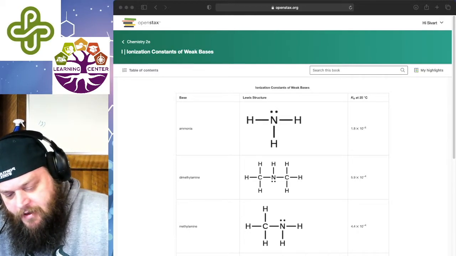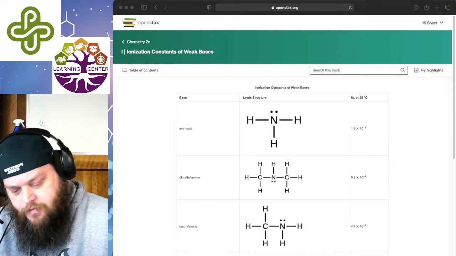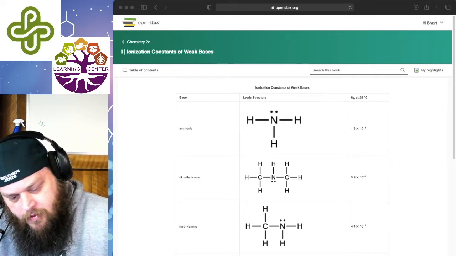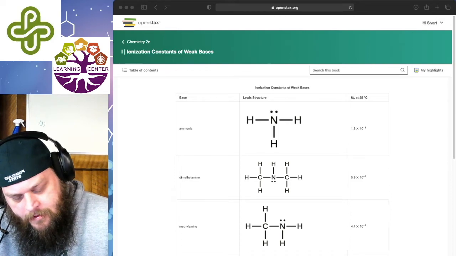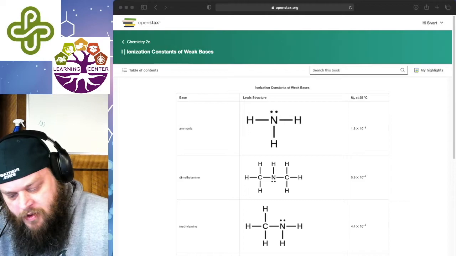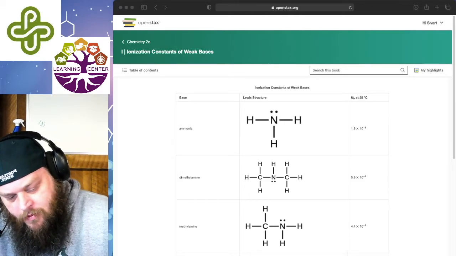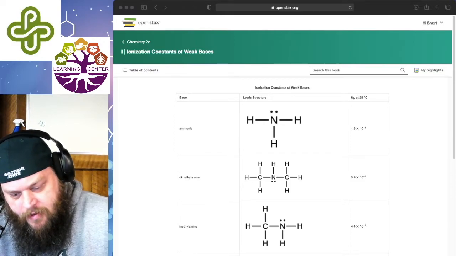So plugging these in, I'm going to do what's under that square root first. 1 squared minus 6.3 e to the negative 5. That's really close to 1. We have negative 1, then plus that, divided by 2.